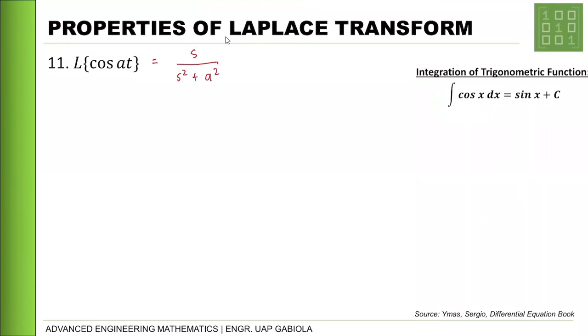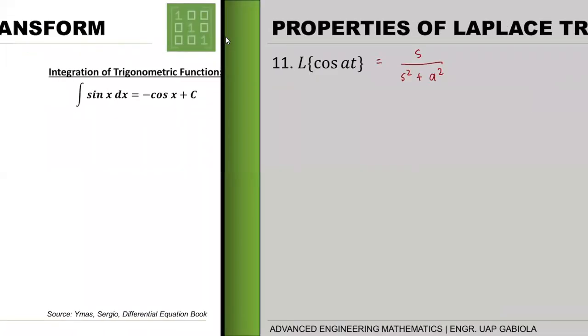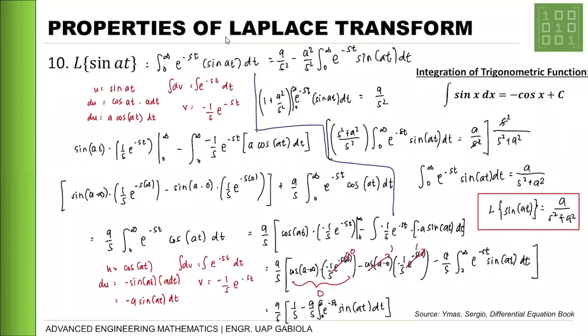Okay? You need to do this as practice to be able to conclude that you have understood the concept that we have discussed, which is to have an answer like this. Okay? You can follow what we have done for the sine function and just follow through the process. But definitely follow what the integral of cosine is, no?